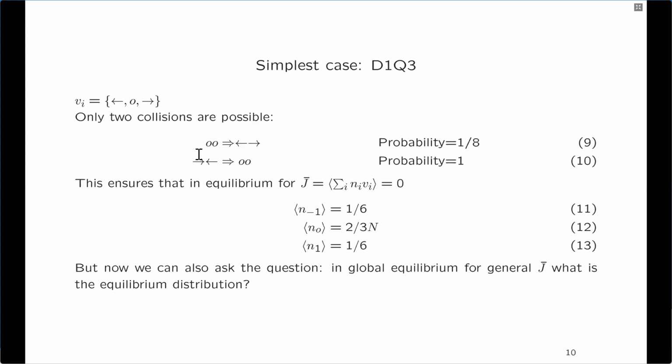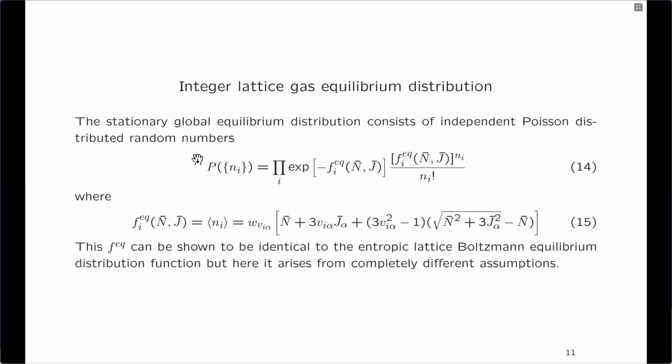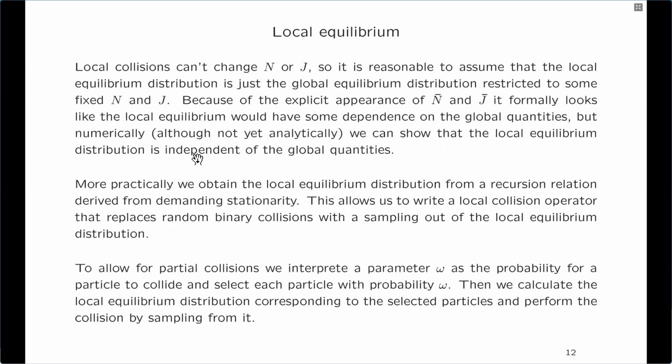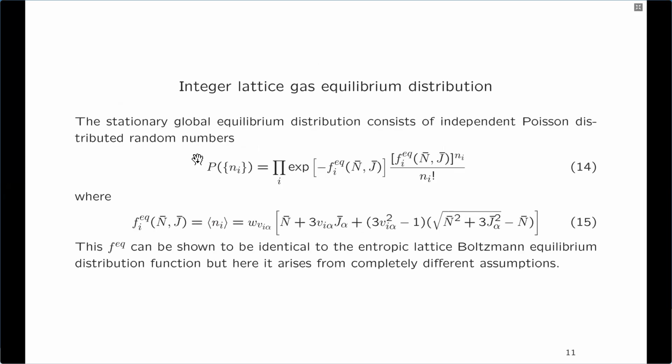Now, that defines what the equilibrium looks like at u equals 0. But what does the equilibrium look like at different values of u? What you get is this quantity, which says that the probability of these N_i will consist of products of Poisson distributions.